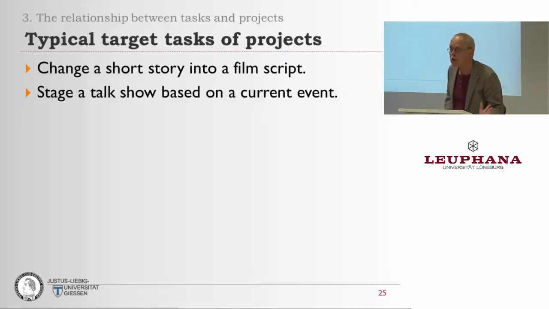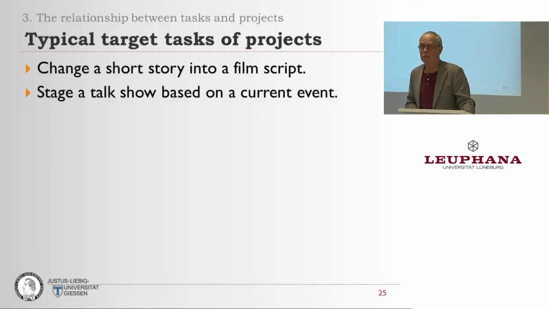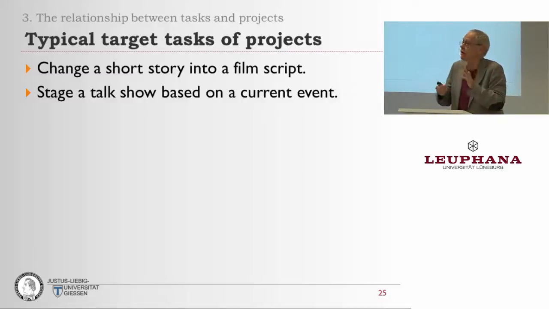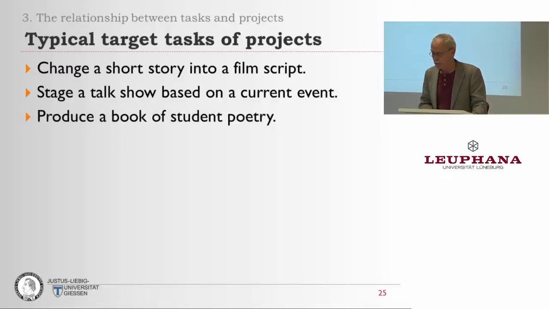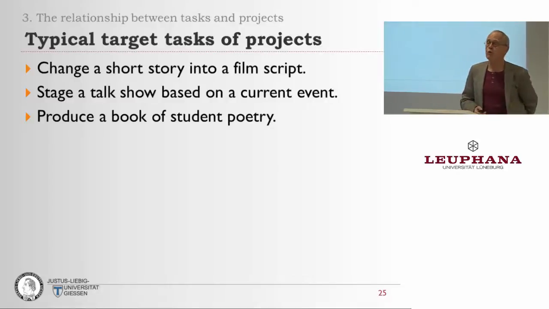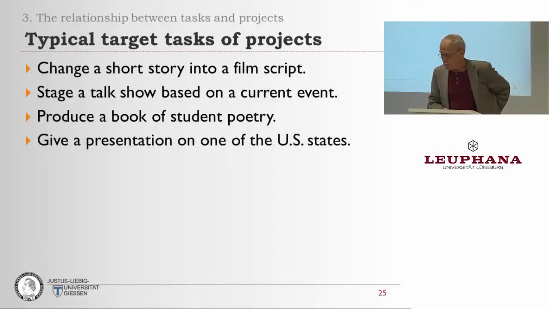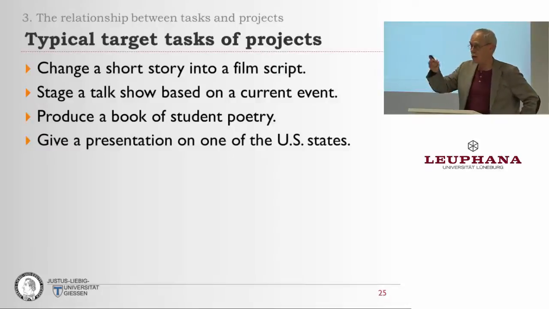Stage a talk show based on a current event. NSA is quite an interesting field right now. Should we stop using Facebook because of NSA? And what are the difficulties here, and so on and so forth. Produce a book of student poetry. Give a presentation on one of the US states.